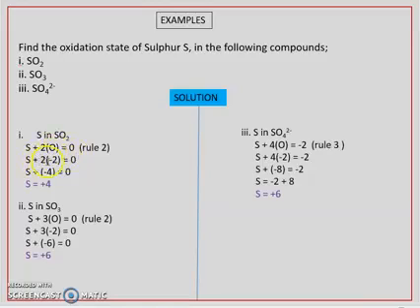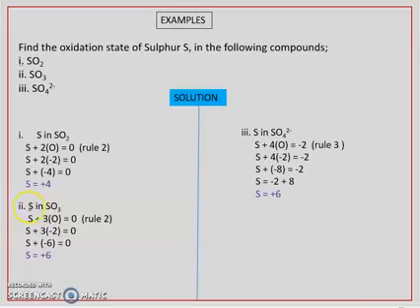Sulfur plus 2 times the oxidation state of oxygen, which is fixed at -2. So you have 2 times -2, and everything totals 0, because there is no charge on the whole compound. This gives S plus -4 equals 0. Sulfur equals +4. So the oxidation state of sulfur in this compound is +4.